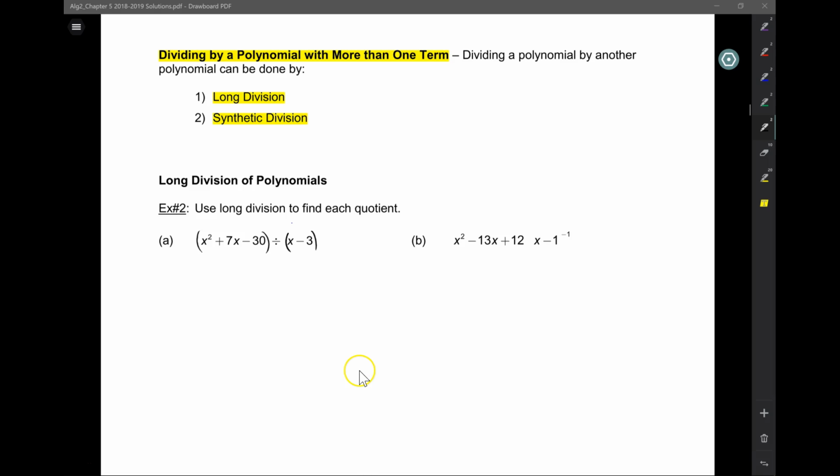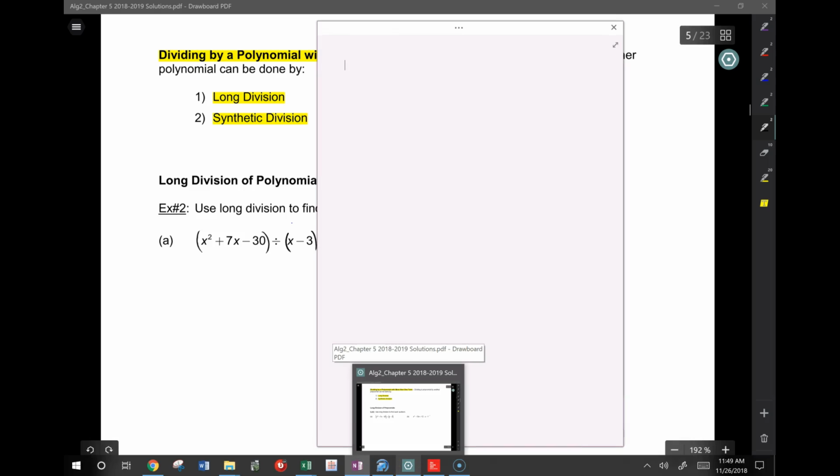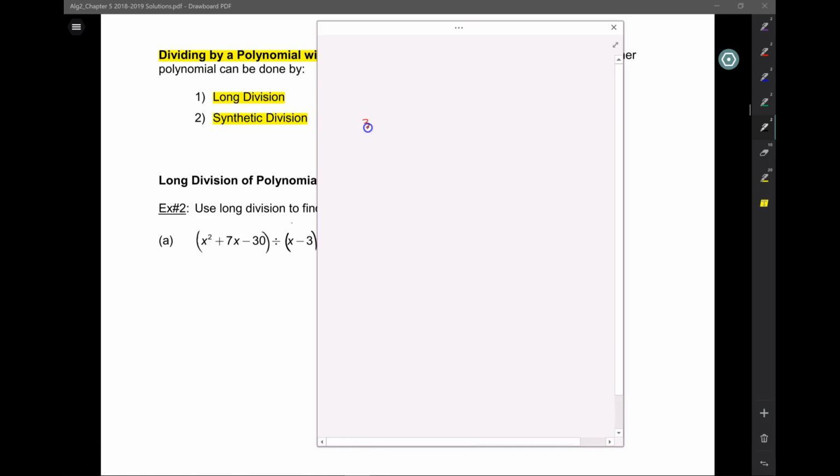So let's just remind ourselves how we used to do long division. So let's say it's like 155 divided by 4, just so it's a little bit more fun. Do you remember that it used to look like this? So what do you do now?